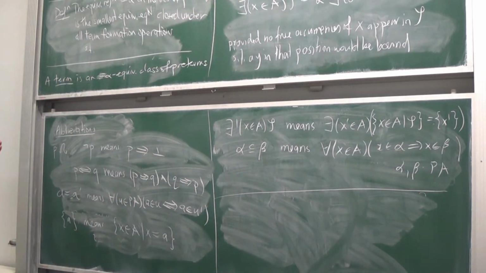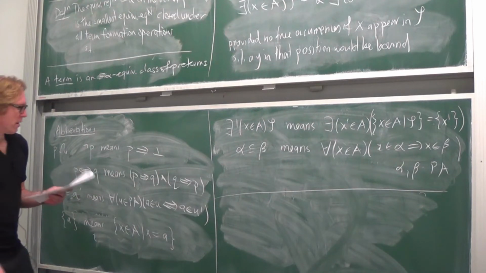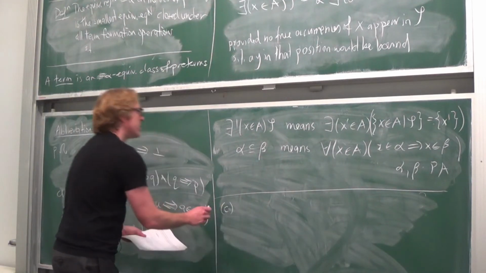Okay, so, but I've defined now types and terms, right? So notice I didn't say anything about the types being freely generated by the type formation operations. It could be other things. Okay, so entailment.